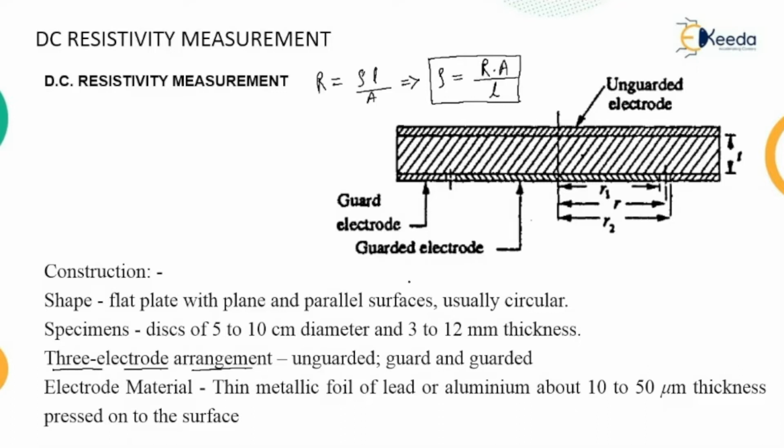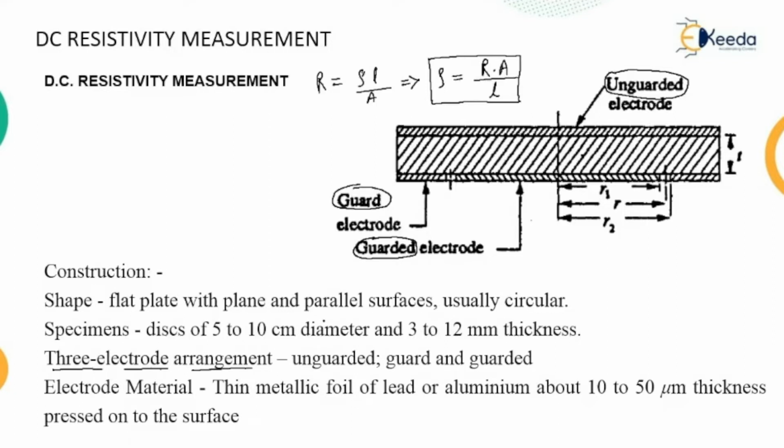These 3 electrodes are: first, the unguarded electrode; second, the guard electrode; and third, the guarded electrode. Hence, this is called a 3 electrode arrangement.